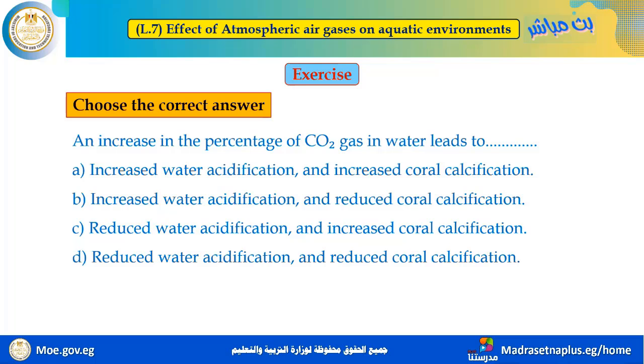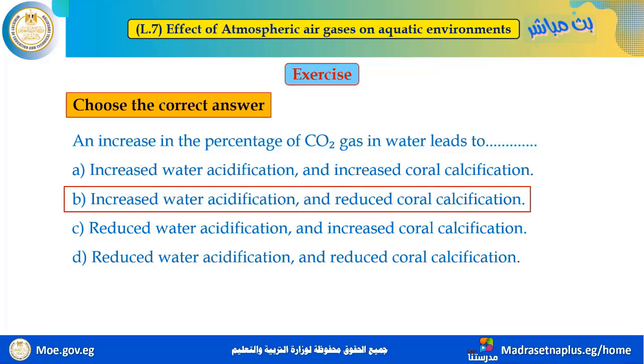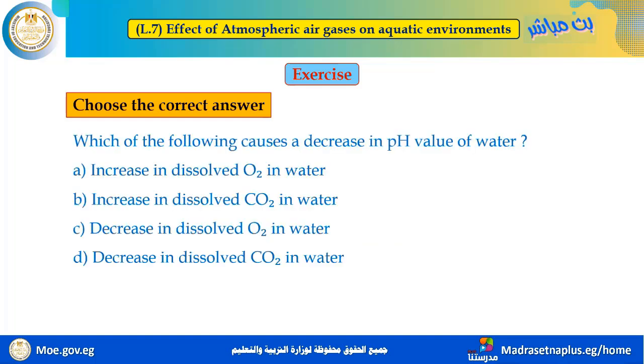You are right, this is the right answer: increased water acidification and reduced coral calcification. That's right. Another question. Which of the following causes a decrease in the pH value of water?